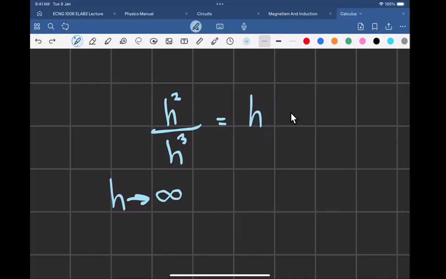Wait, what would it look like? Is it h or 1 over h? Because watch, you would have two h's on top, and three h's in the bottom. So 1 over h, yeah. And if the number in the bottom is getting real big, what happens to the fraction?